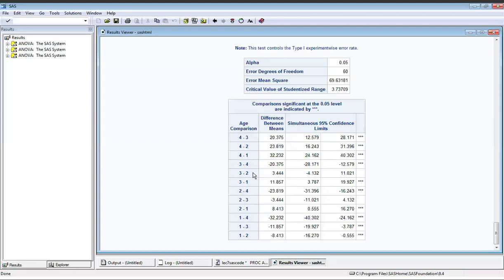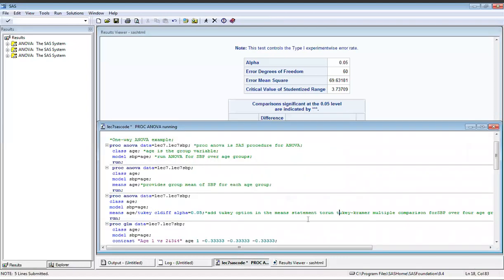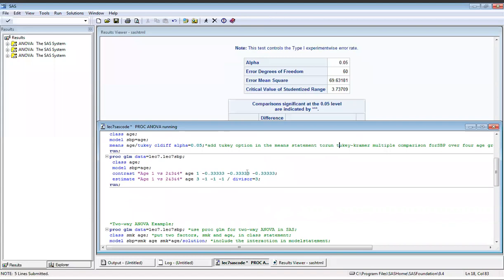This is to say the difference in mean systolic blood pressure between group 2 and 3 is only 3.4, and at the 0.05 test level it is not statistically significant, so there are no stars here. Remember, if we have the 3 stars, it means a significant result at the 0.05 test level. All right, so this is for the Tukey-Kramer method for multiple comparison after we run the F-test for one-way ANOVA.